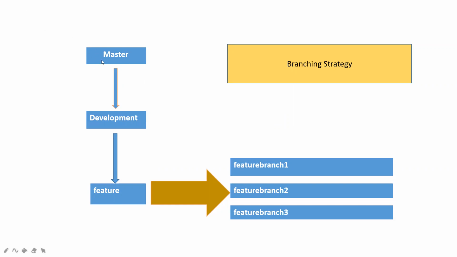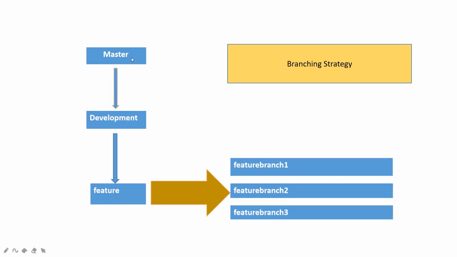In your project you may or may not have the development branch or the feature branch, but as a best practice we have to follow this kind of simple strategy to make your framework or project robust and make work easier with the team. We'll see it one by one.